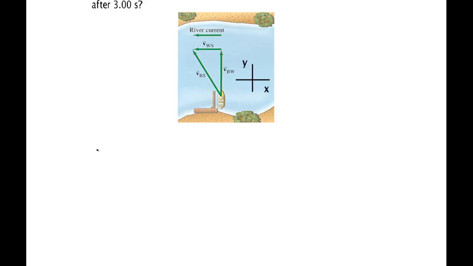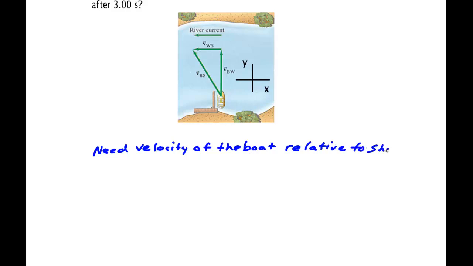So we need to have some things. We are being asked to find the velocity of the boat relative to shore. If I knew that, then I could determine the position of the boat relative to shore, which is what the problem asks.